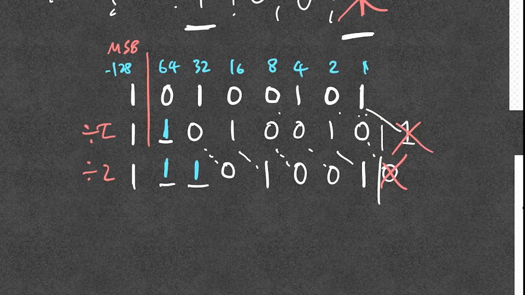So let's just do this methodically. So minus 128 plus 32 is going to be minus 96.